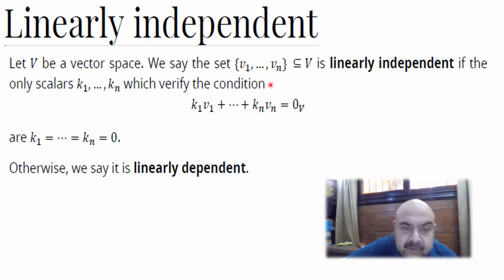We have a set with vectors and we want to discover if it's a subset of V. So let V be a vector space. We say that V1 up to Vn is linearly independent if and only if, in the linear combination K1 V1 plus K2 V2 plus Kn Vn equal to 0, the only solution is all the coefficients equal to 0.